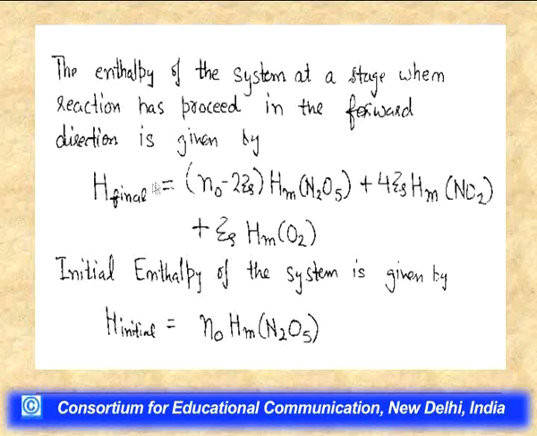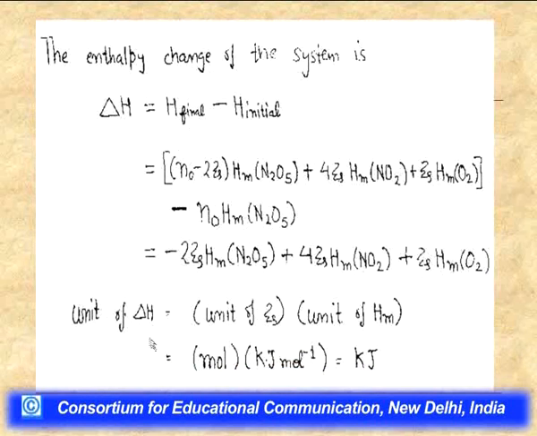If we take the difference, final enthalpy minus initial enthalpy, this represents ΔH, the enthalpy change of the system. As we have seen previously, this is the final enthalpy minus the initial enthalpy.